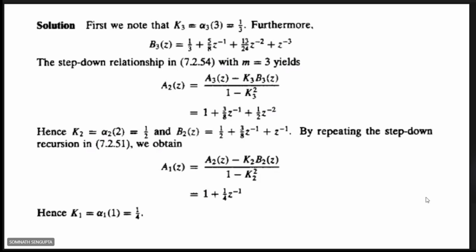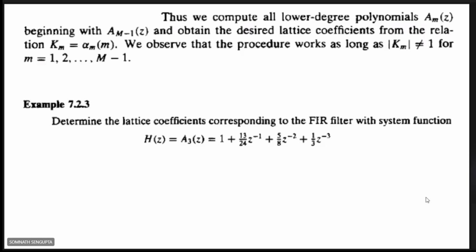We have seen some examples. If lattice coefficients are given, then how to calculate the direct form structure, and if direct form coefficients are given, then how to calculate the lattice structure.